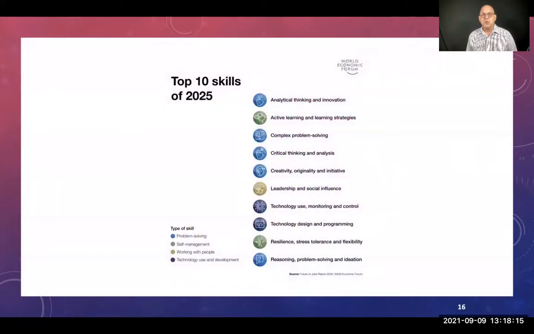If you take a look at the World Economic Forum's top 10 skills for 2025, 5 of the top 10 skills are all problem-solving related skills. If we're not preparing our people now for those coming years, we're going to be way behind the curve. So it's not just a matter of you and leaders learning how to solve problems. It's you and leaders understanding how to coach and teach problem solving to everyone in the workforce so we can really take advantage of that skill.